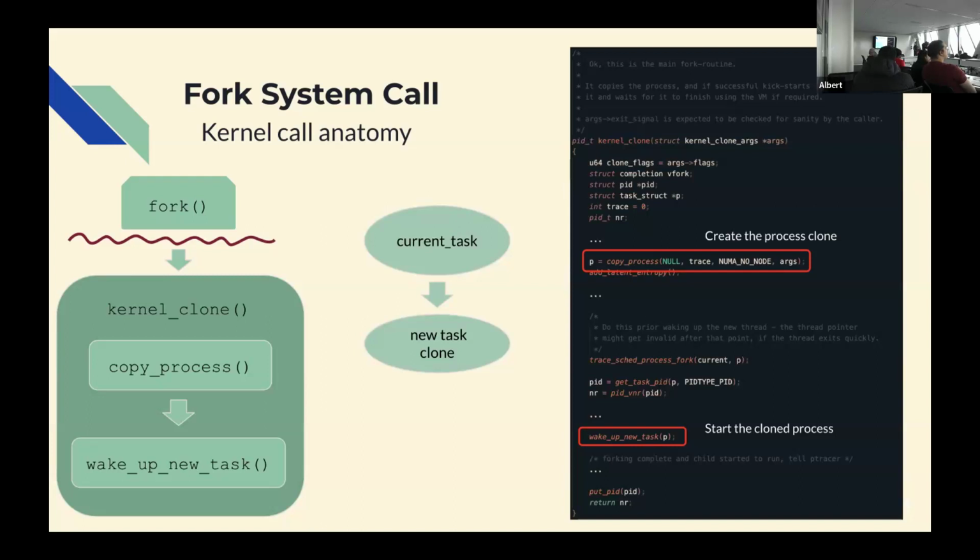It got me thinking whether copy_process is actually the right thing to use for a snapshot, in the sense that what copy_process really does is not really a copy. All it's saying is, hey, there's going to be a new process, so it creates a new descriptor and copies the fields.